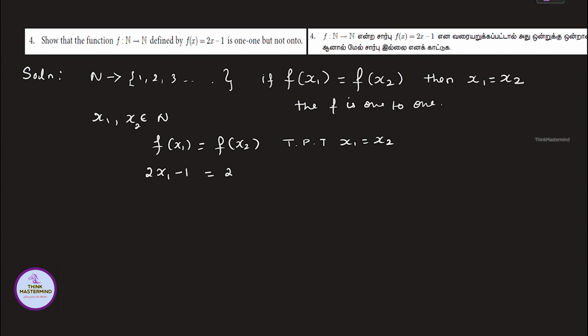So minus 1 on both sides cancels. Next we have 2x1 is equal to 2x2. So 2 cancels. Therefore x1 is equal to x2. So according to the definition, the given function is 1 to 1.